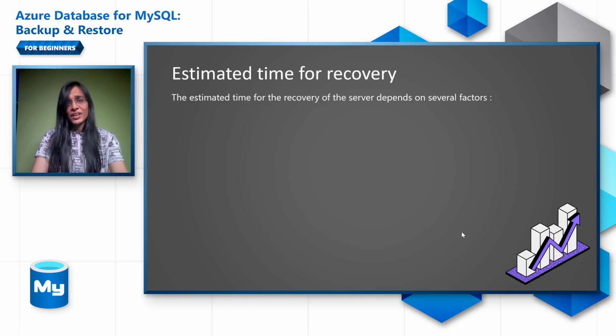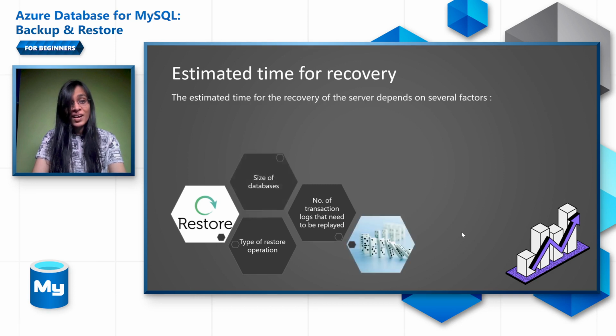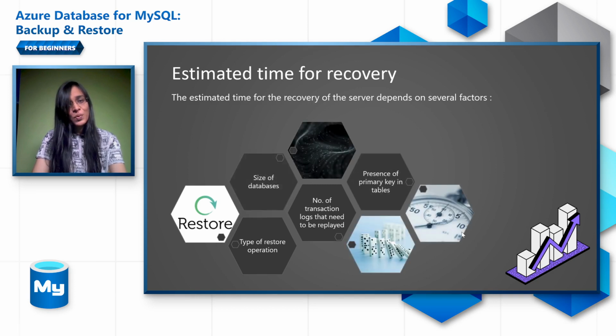The estimated time for recovery of the server depends on several factors. It depends on the type of restore operation, whether you've triggered a point-in-time restore using a full automated backup or a custom timestamp or a geo restore, the number of transaction logs that need to be replayed, size of the databases, and whether there's a primary key present in the tables or not.